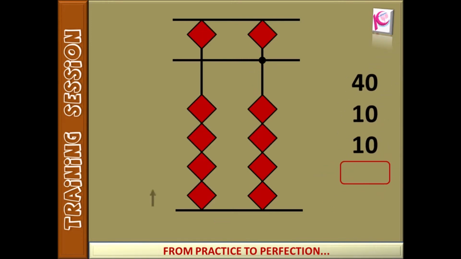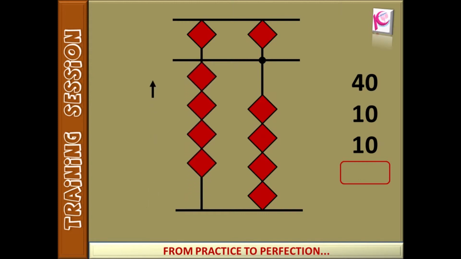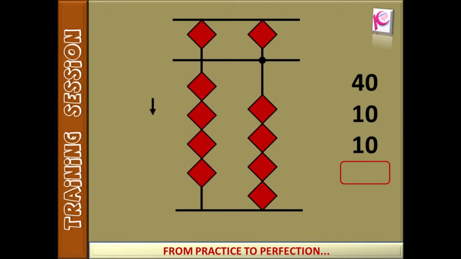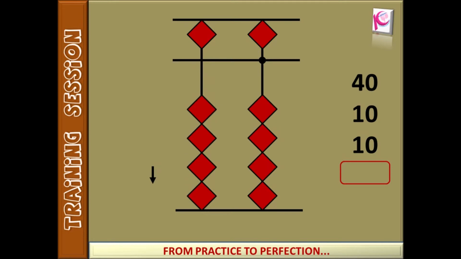40, 10. 10 more. How do we do it? Same, small friend. 40 down, 50 down. 10 more.